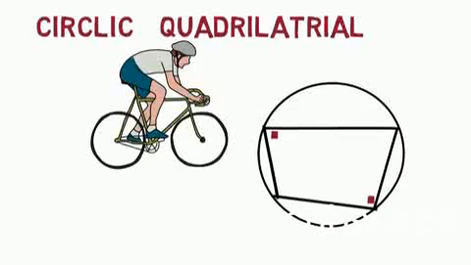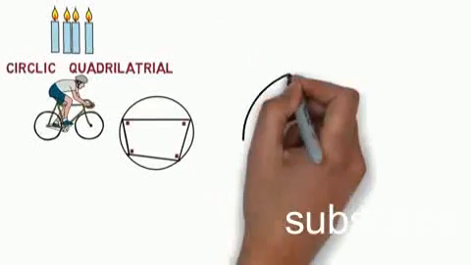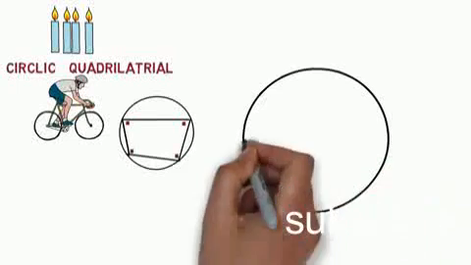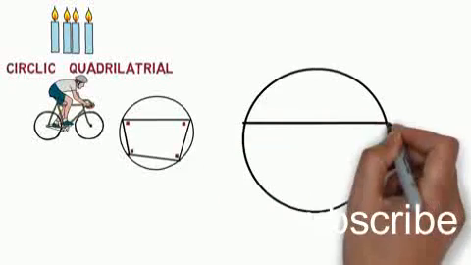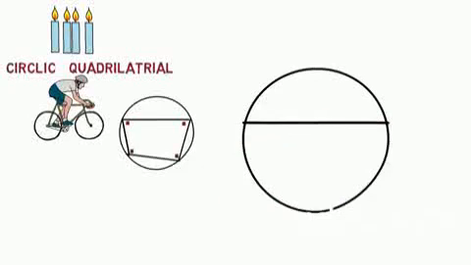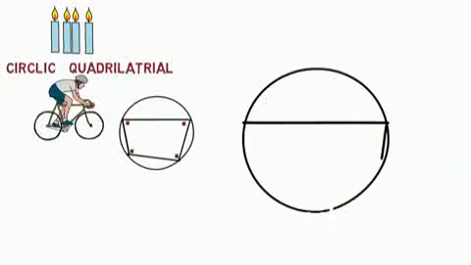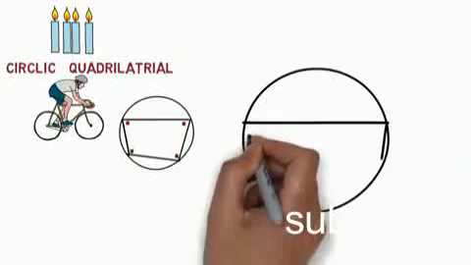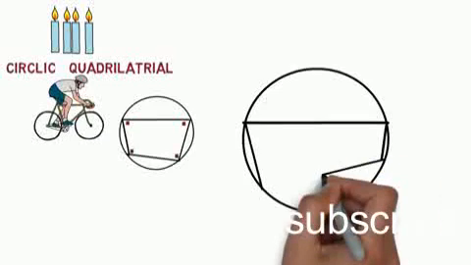Anyway, this theorem states that if we have a circle and a quadrilateral, and each point of that quadrilateral is touching the circumference, which is something that you definitely need to remember when you're using this theorem, all the points of the quadrilateral should be touching the circle.